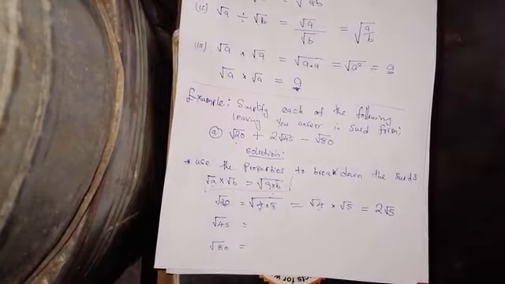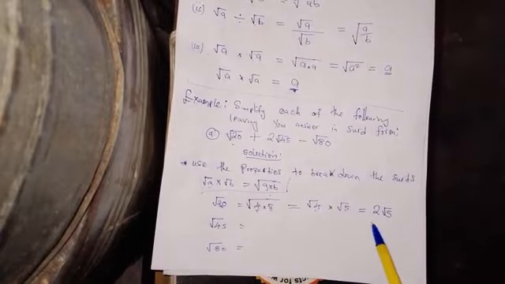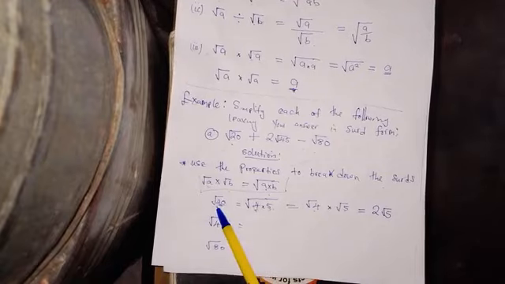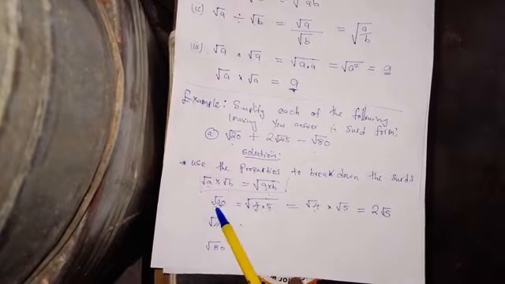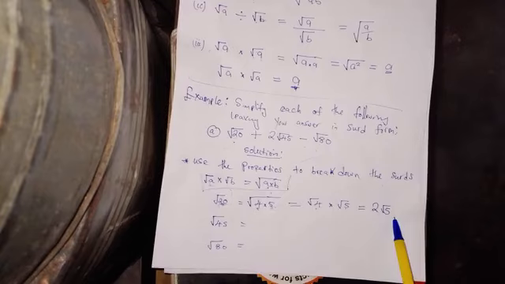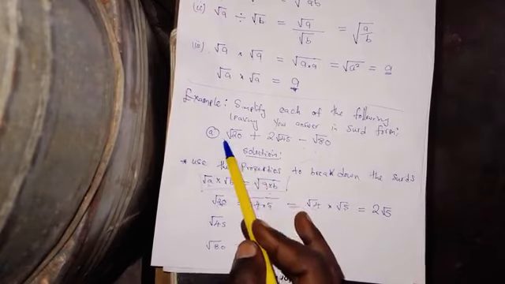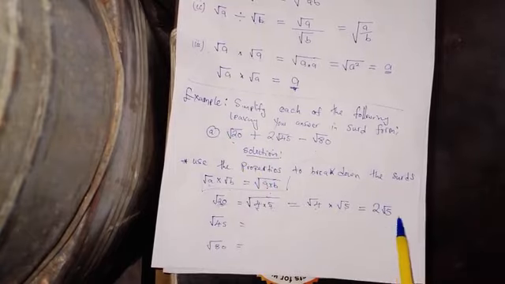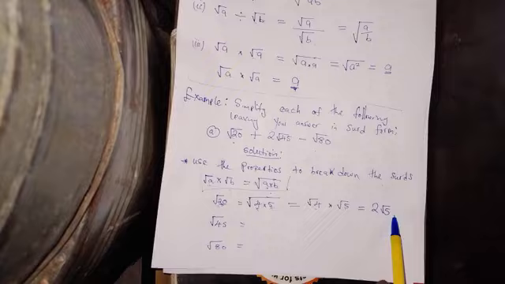In short, root of 20 has been broken down into something simple, 2 root 5. So instead of using root 20, I can use 2 root 5. It is the simple version.